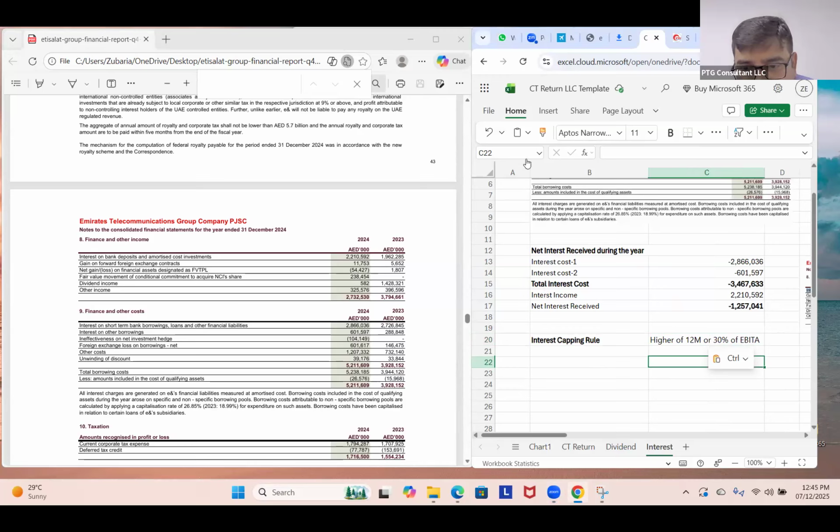Now here is the other important part, the adjusted EBITDA. 30% of the adjusted EBITDA. Right here, the calculation of the adjusted EBITDA.